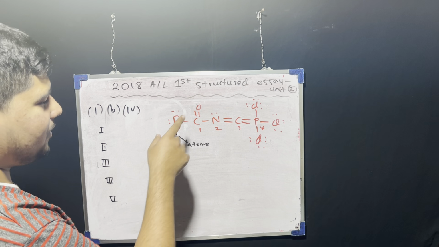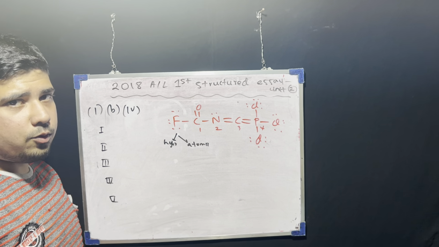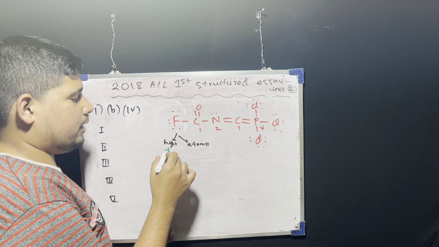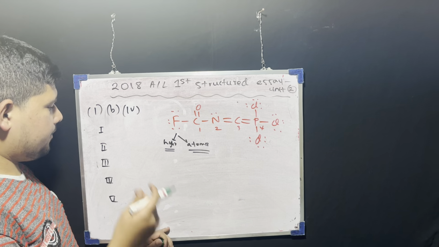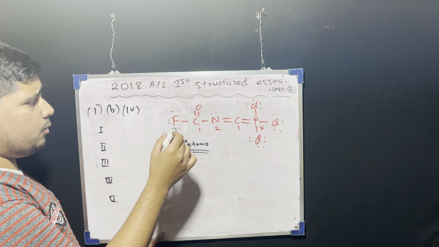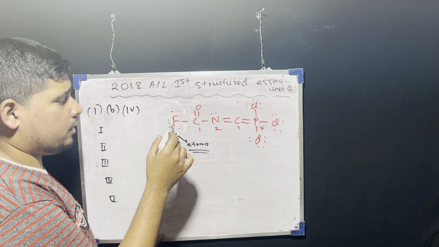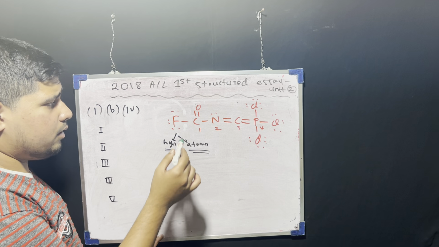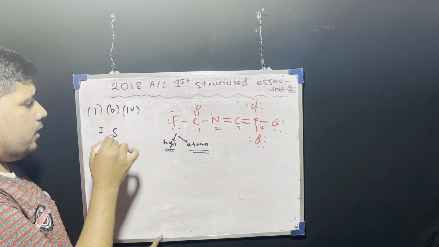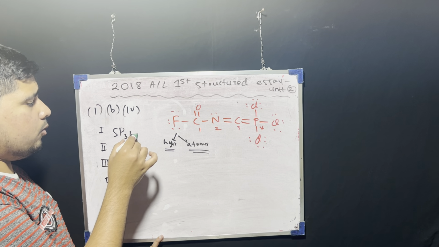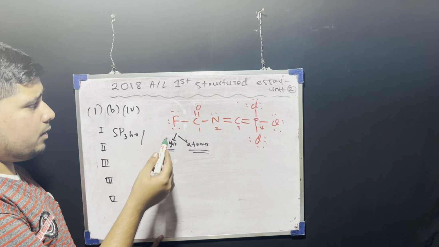Now fluorine is the terminal atom. For a terminal atom, you can write the hybrid orbital, or you can write the atomic orbital. What is the hybridization of fluorine? 1, 2, 3, 4. 4 means sp3. You can write sp3 hybrid orbital, or else how can you write?